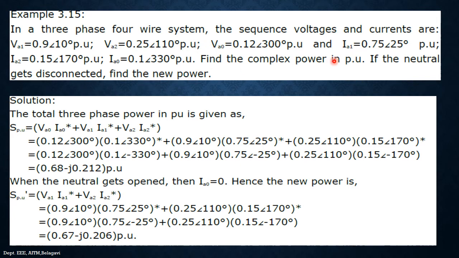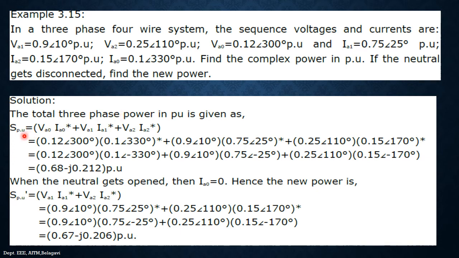As it is a four-wire system, first we need to find the complex power for the four-wire system. Suppose the neutral gets disconnected, then it becomes a three-wire system, and for that three-wire system we need to find the new power. So let us begin with the four-wire system.